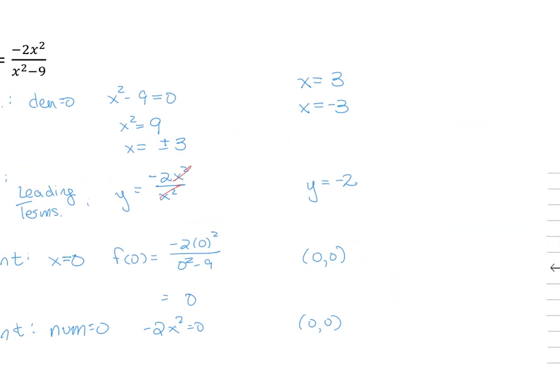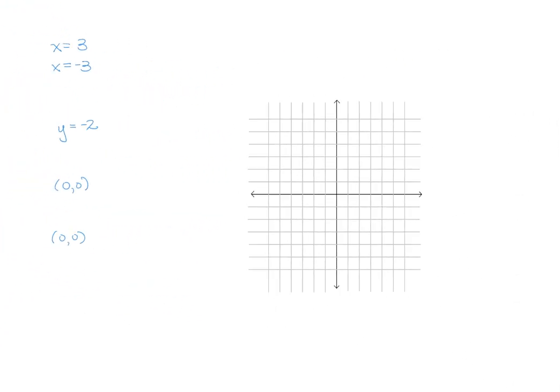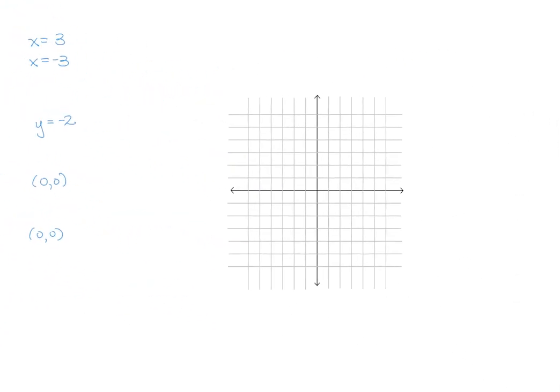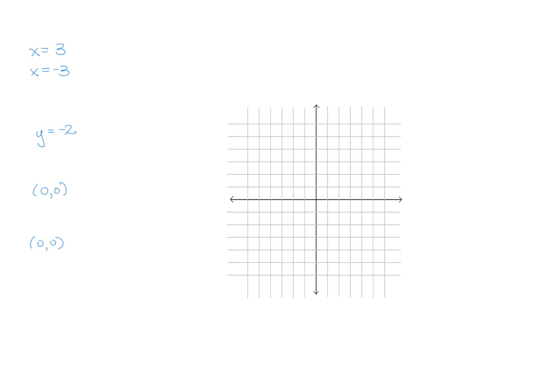All right, let's go ahead and start looking at the graph of this one. Okay, we're going to start with our asymptotes. We have vertical asymptotes at 3 and negative 3.